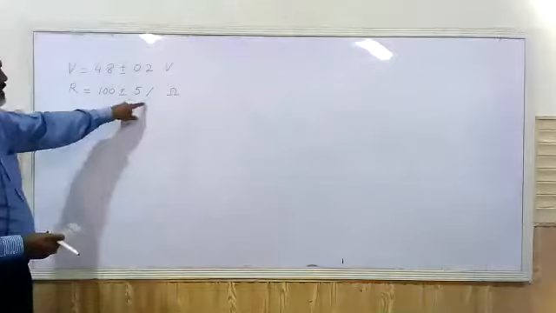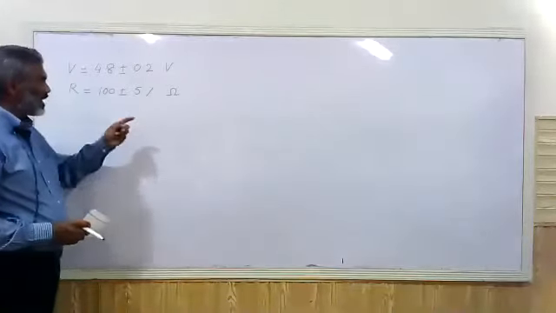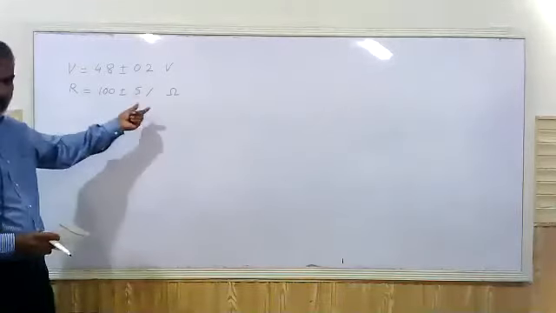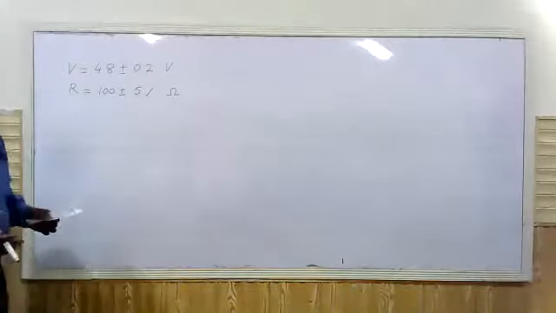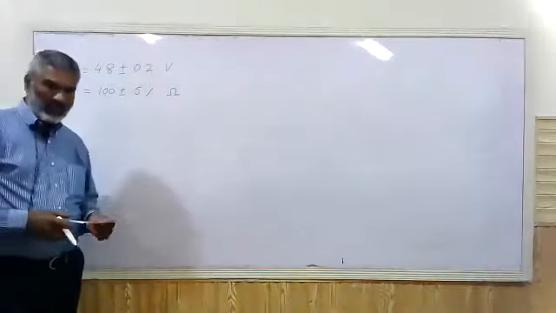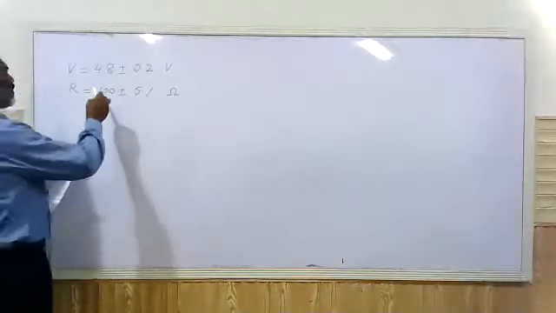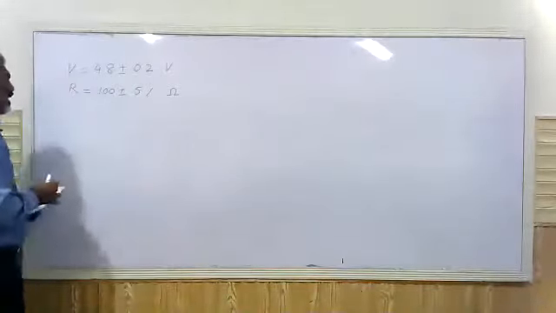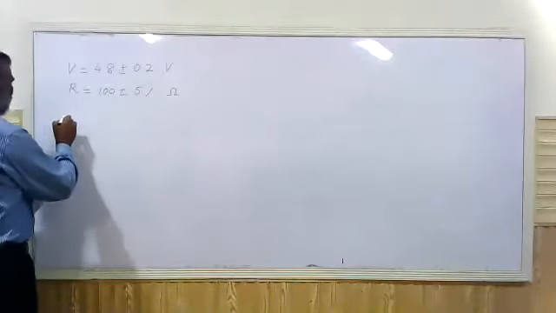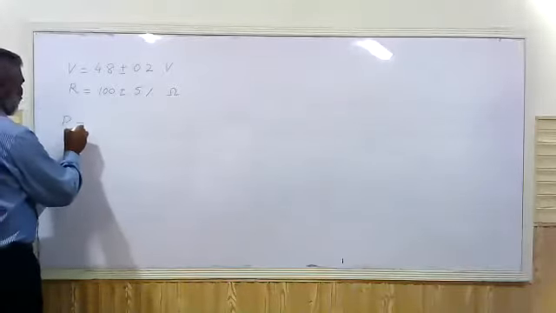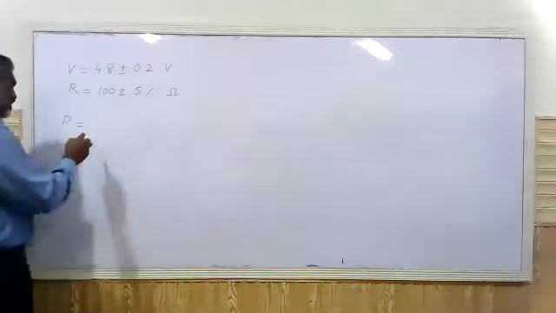This is something you should note, because sometimes they express the uncertainty in the form of percentage. This is in fact easier when uncertainties are given in the form of percentage, because when we express this as well in percentage, it will be easy to find the power expressed in the form of percentages of uncertainties in these quantities.